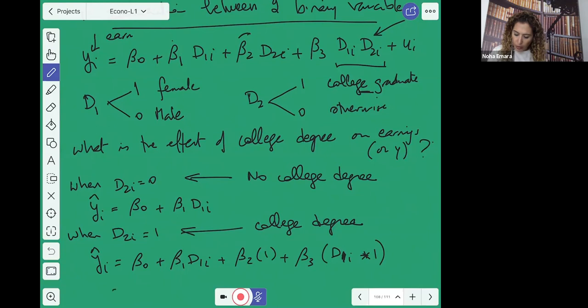Let me combine like terms. Let me add the hats everywhere because this is an estimated model. I keep forgetting to add the hats, okay?